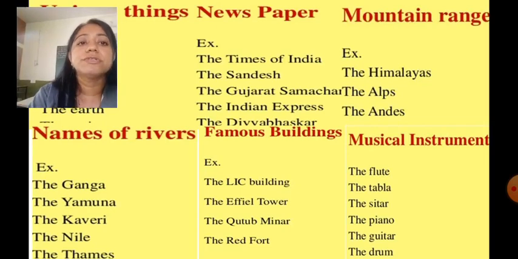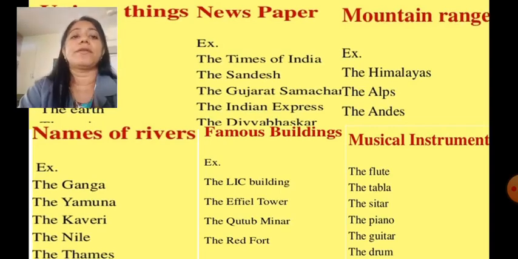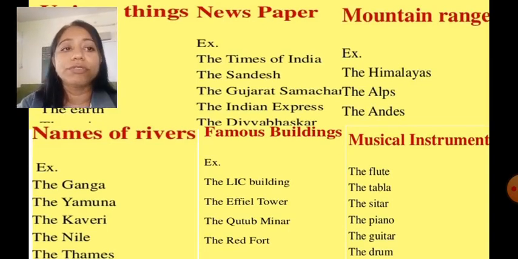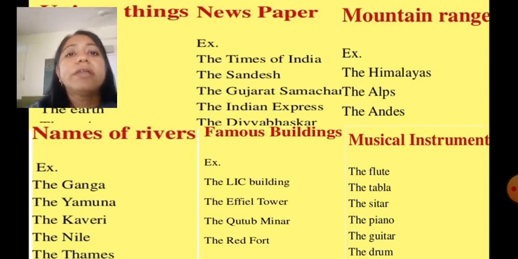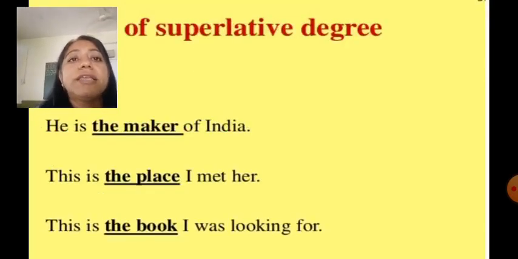We also use the with famous buildings. For example, the LIC building, the Eiffel Tower, the Qutub Minar, the Red Fort, etc. We use the with musical instruments like the flute, the tabla, the sitar, the piano, the guitar, the drum, etc. We use the article the for the superlative degree.